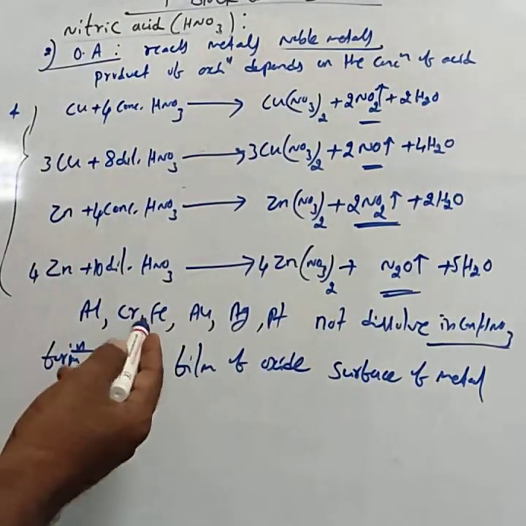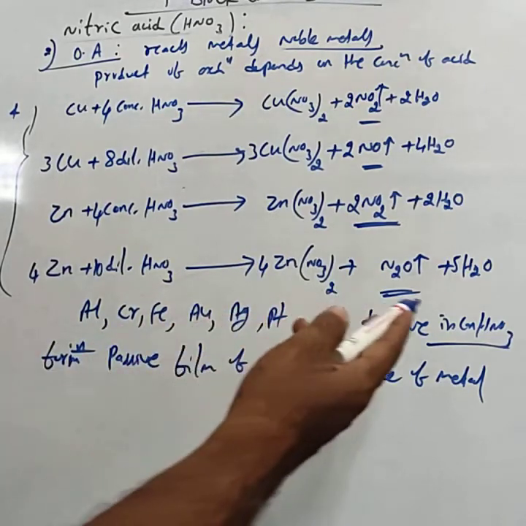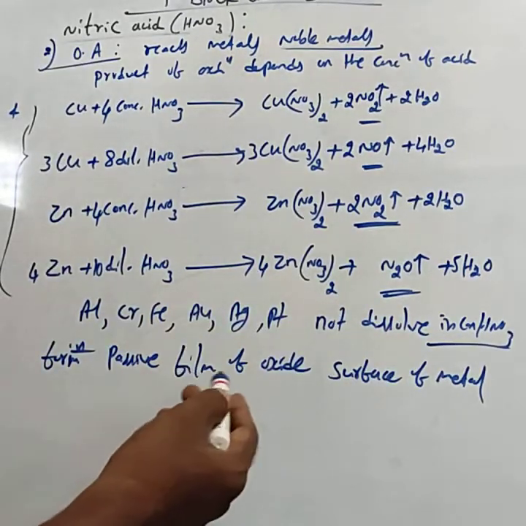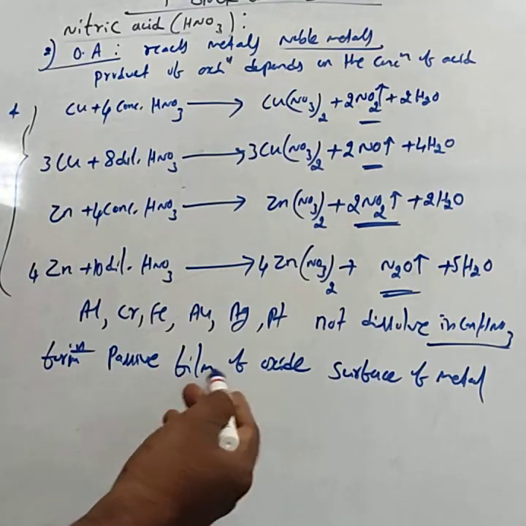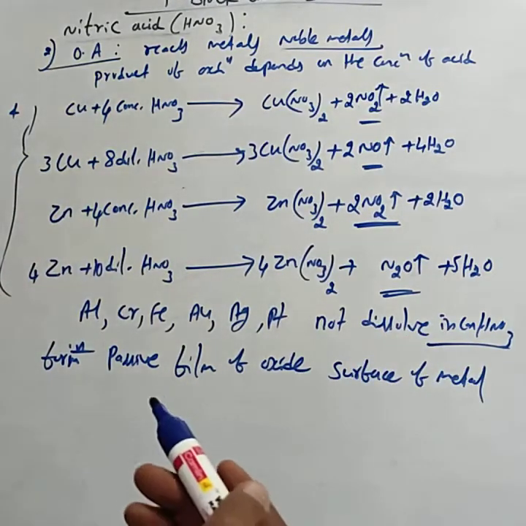If you add nitric acid to these metals, they form a passive oxide layer.